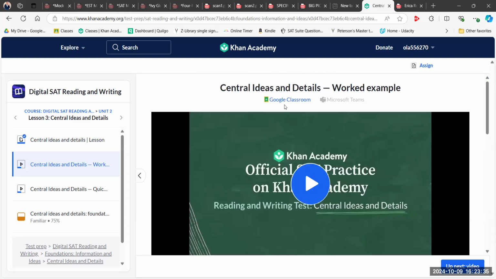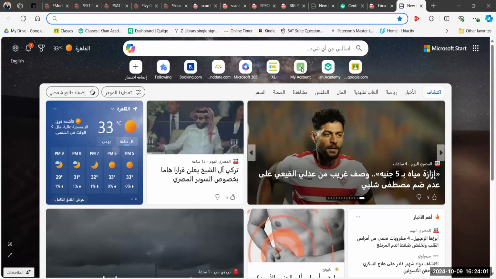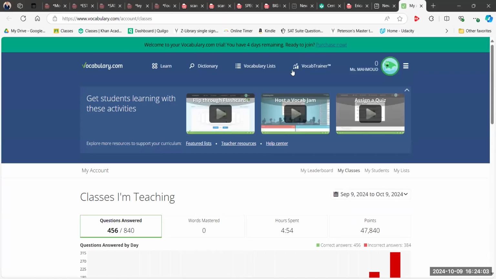It's already going to be connected with Google Classroom. Each one of you will have his or her own code to join Google Classroom. Part of the homework will be assigned on Khan Academy and vocab.com. That's the site if you would like to try. It's a very nice one.